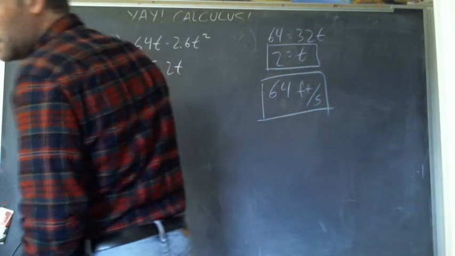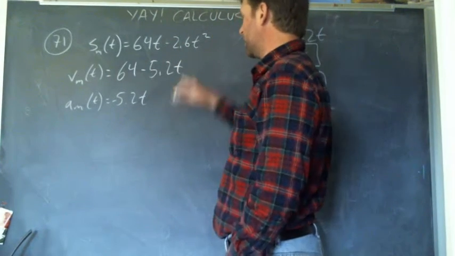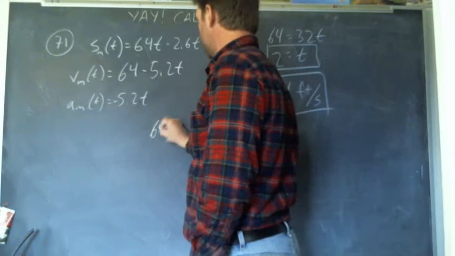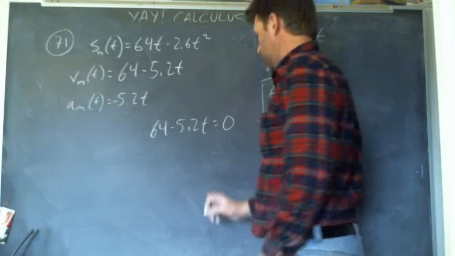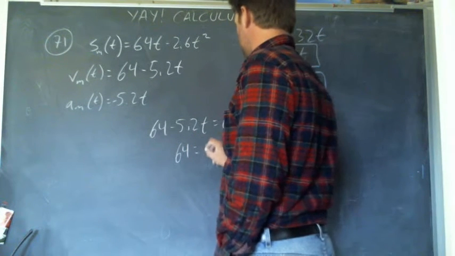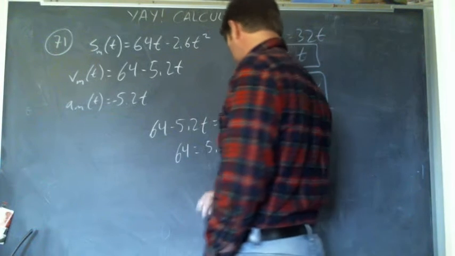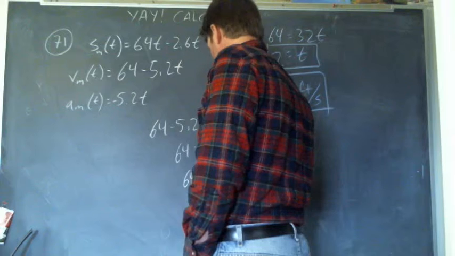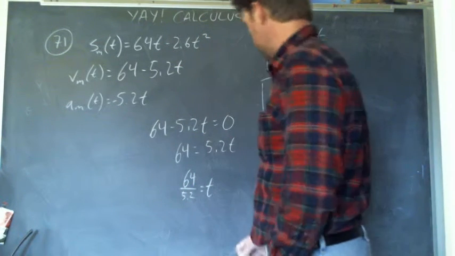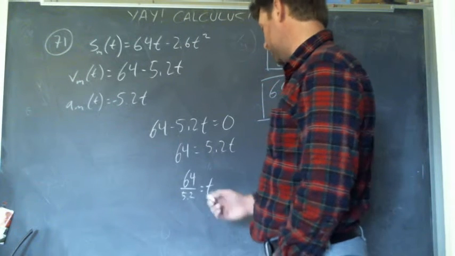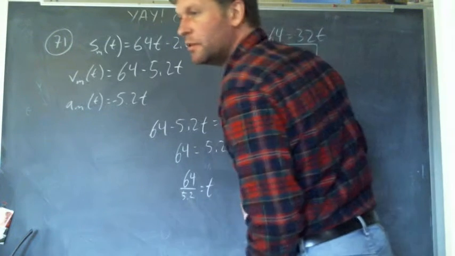It asks how long will it take the paperclip to reach its maximum height. So when our velocity equals 0 again, that means 64 equals 5.2t. Divide by 5.2: 64 over 5.2 equals t. We have to figure out what that is later, but somewhere around 10, 11, 12. Oh, we'll just do it out. We have time? Yeah, 6 minutes.